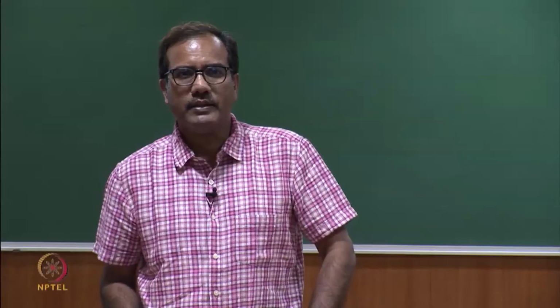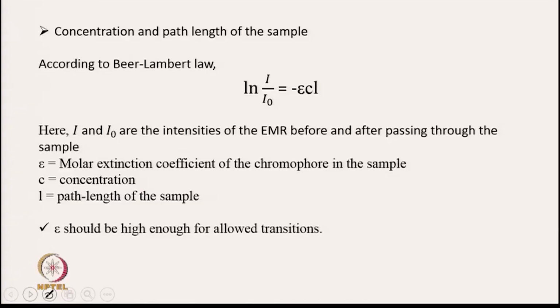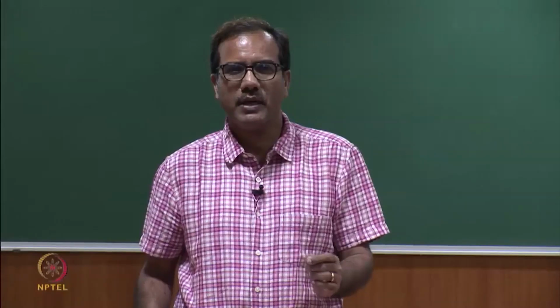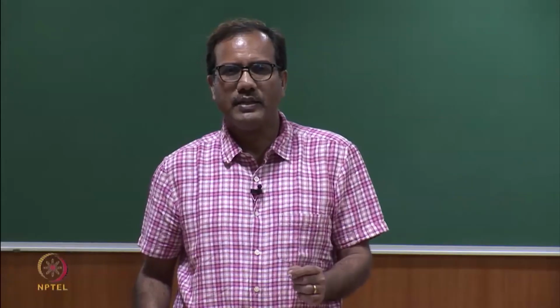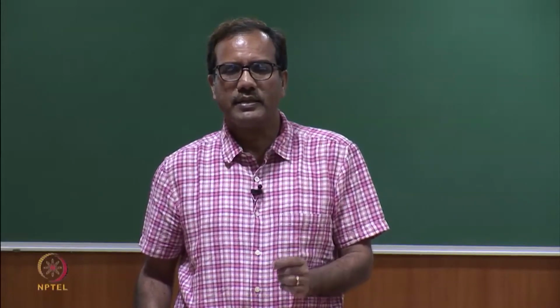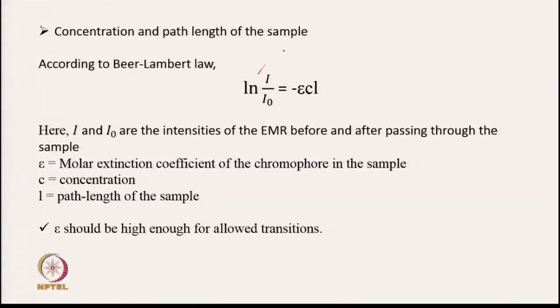And the last factor is concentration and path length of the sample, and this is given by the Beer-Lambert law, which tells you ln I by I naught is minus epsilon C l, where I is the intensity of the light after passing through the sample, and I naught is the intensity of light before passing through the sample.